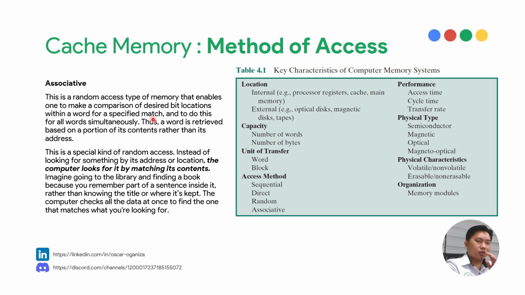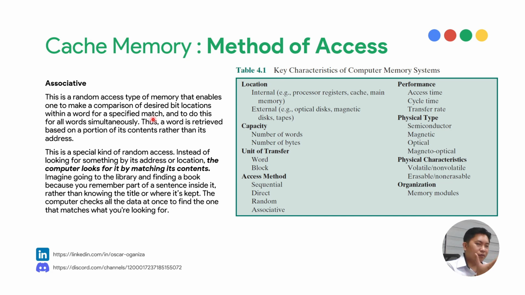So itong associative method of access is like random, but again, comparing this data from other pages. Now, for example, you are looking for a name sa isang book at ang pangalan is Honey Lane, no? Halimbawa, yan ang name nung hinahanap mong data sa isang libro. Ngayon, na-mention yung name na Honey Lane ng 10 beses every 10 pages.